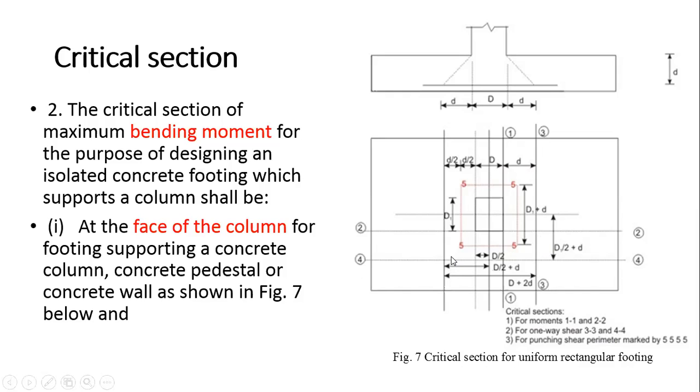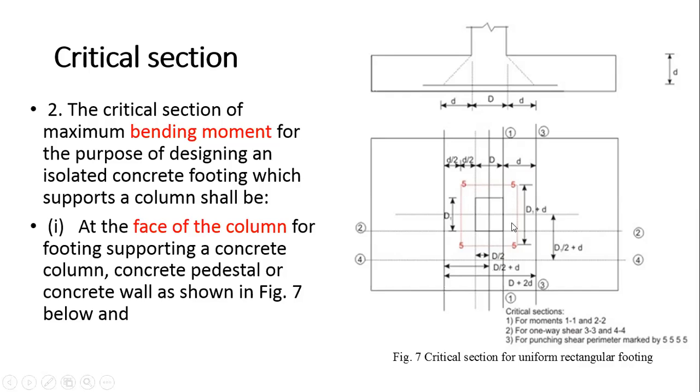Similarly, we have two-way shear. For two-way shear, we have to consider an area around the column here. This is my area, indicated by 5-5, 5-5. This is at a distance of d by 2 from here, d by 2 here, d by 2 here, everywhere d by 2.